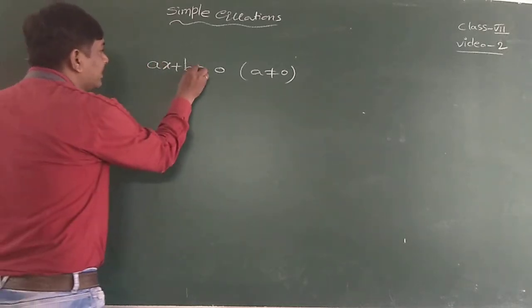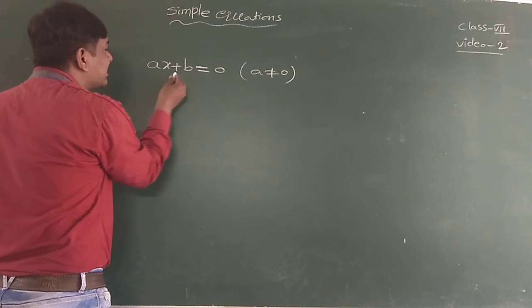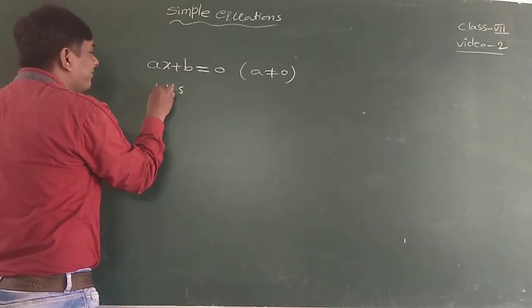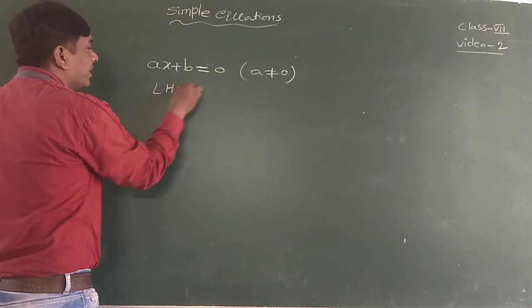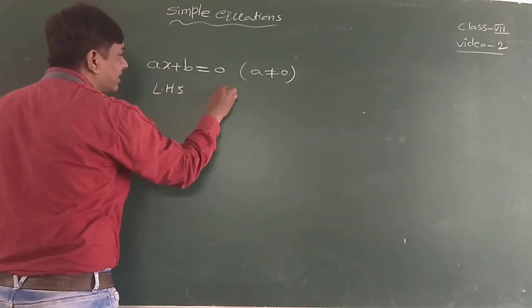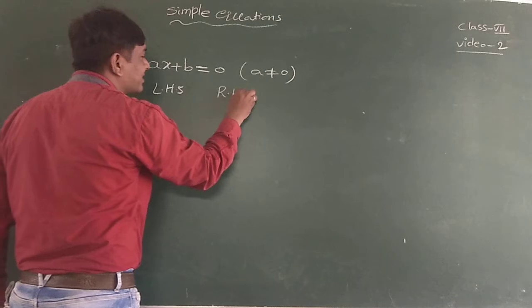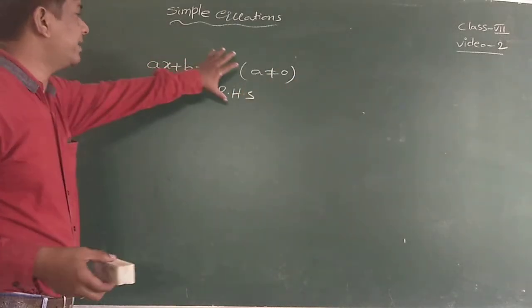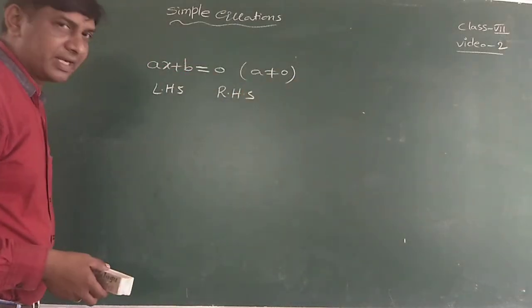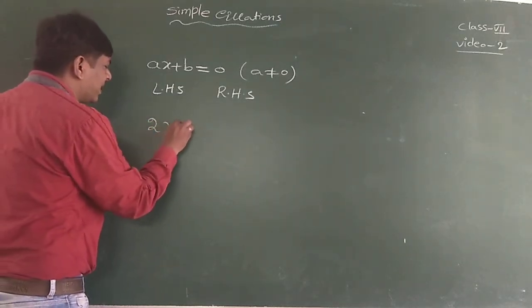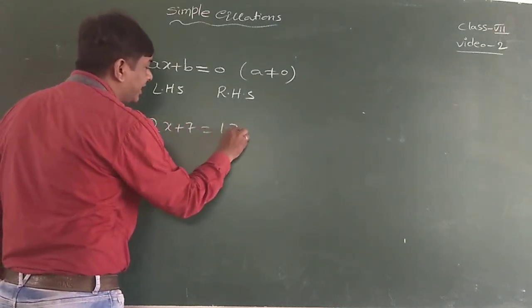In this, there is an equality. The left side of the equality is called the LHS, left hand side, and whatever the right side contains is called the right hand side term. Now, an example is 2x plus 7 is equal to 13.